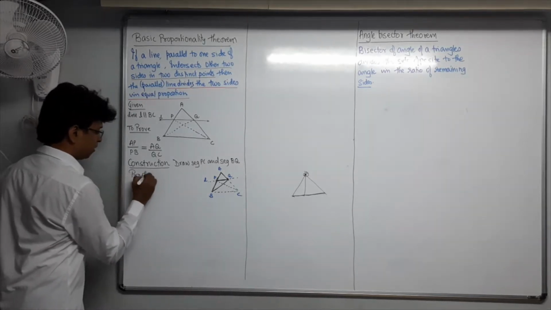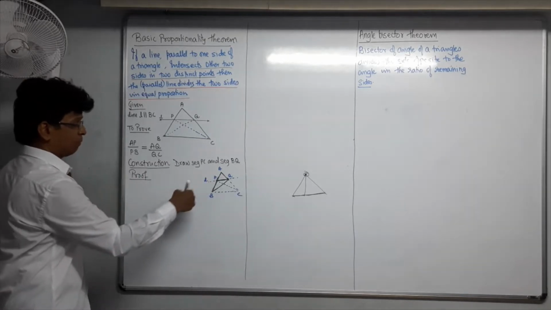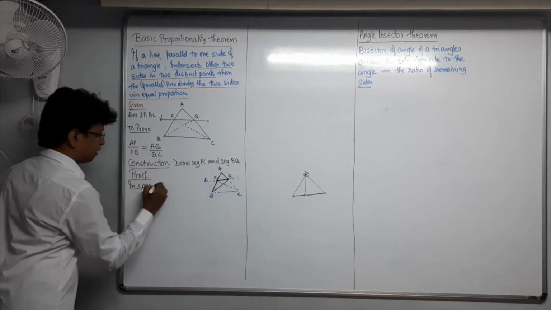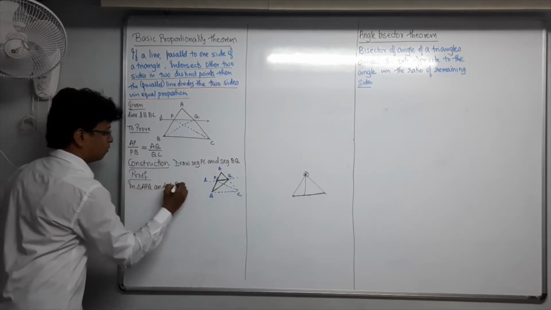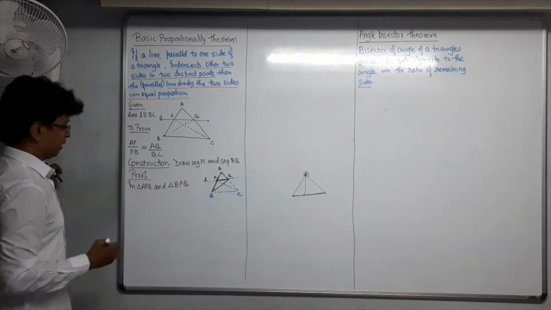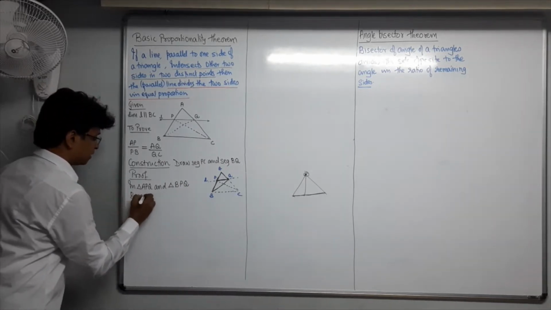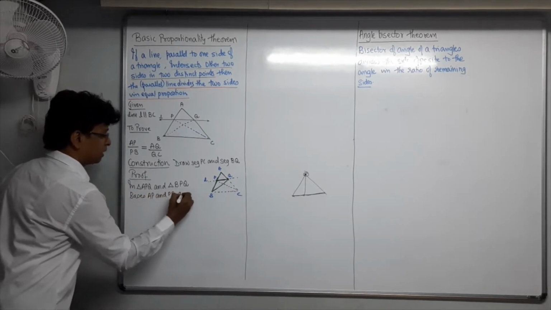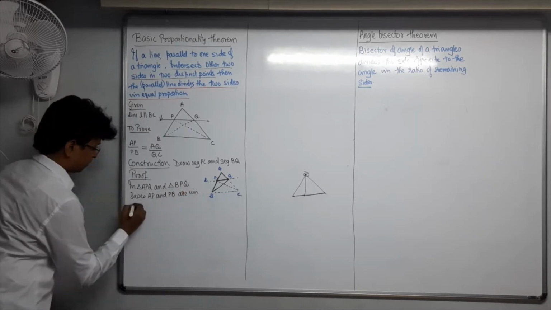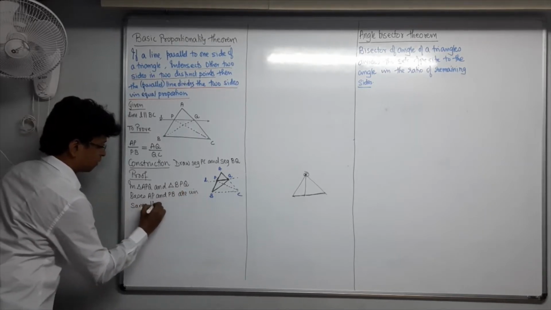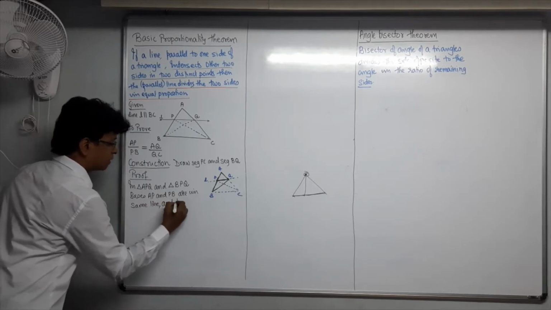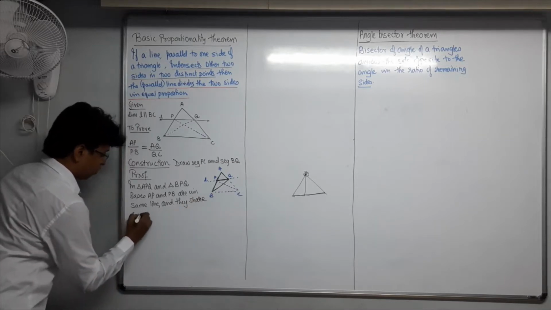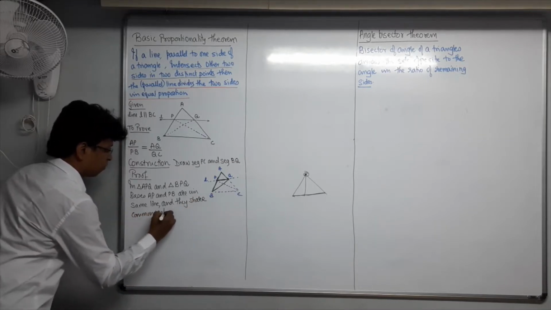Proof for triangle APQ and BPQ. In triangle APQ and triangle BPQ, what are the bases? Bases AP and PB are in the same line and they share a common vertex.